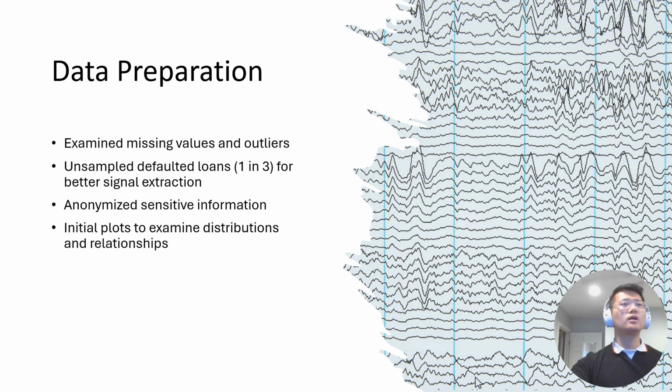Then we want to upsample default loans for better signal extraction. There's also some other anonymized sensitive information, and we want to draw a few initial plots to examine the distributions and relationships.